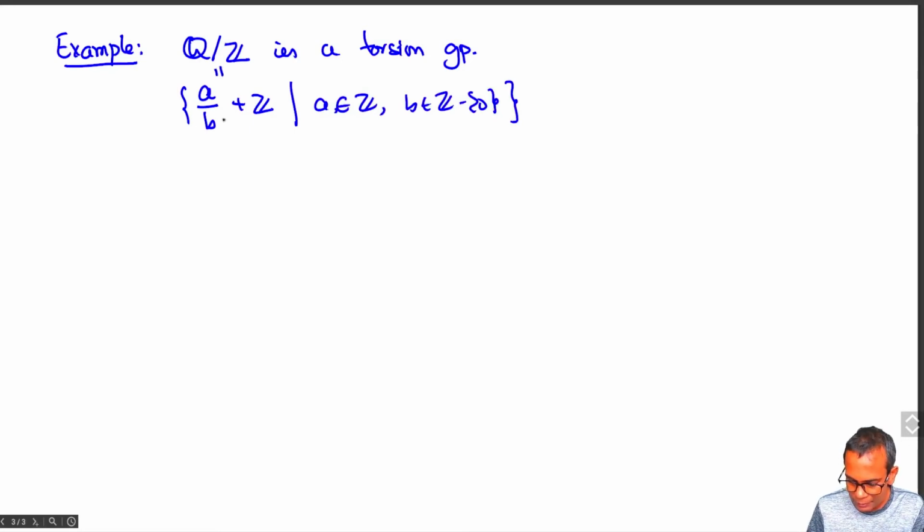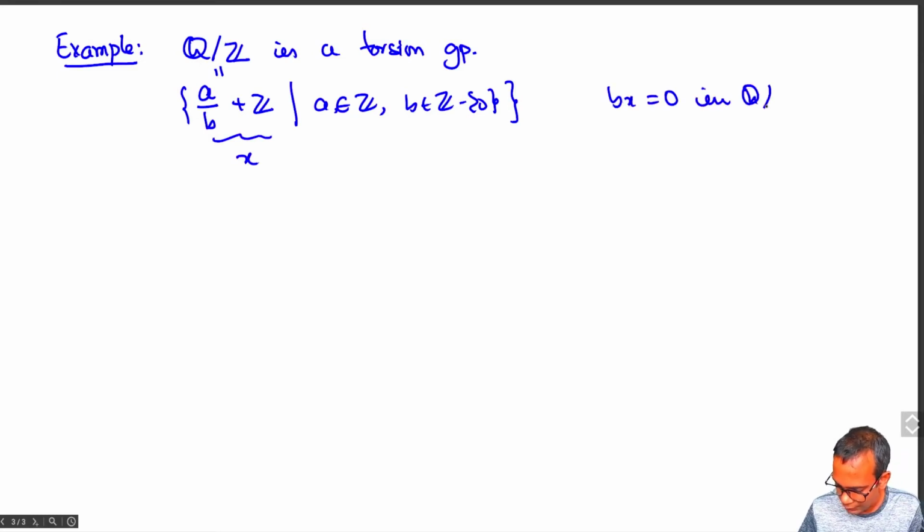And if you take this element and multiply it by b, so if I call this x, then bx is equal to 0 in Q mod Z, because bx is going to be an integer and gets subsumed in this Z. Now we'll define its p-primary part.